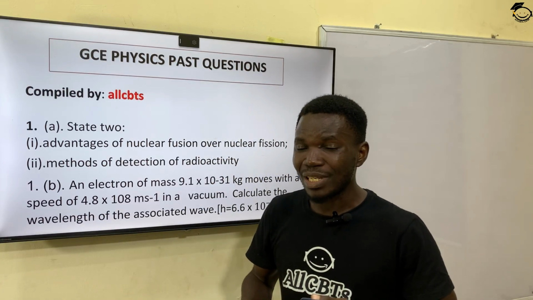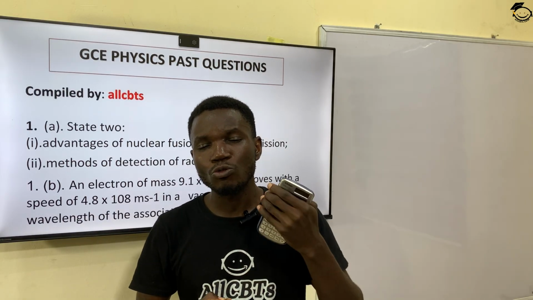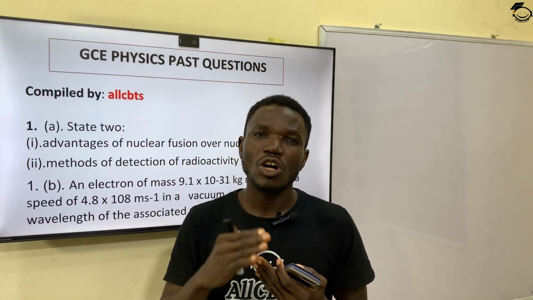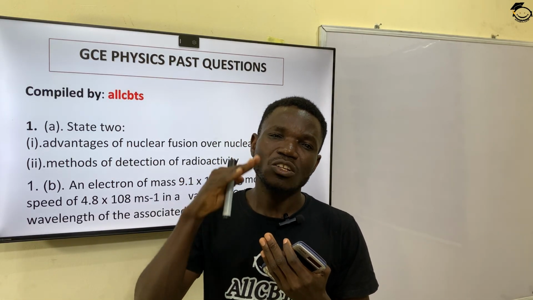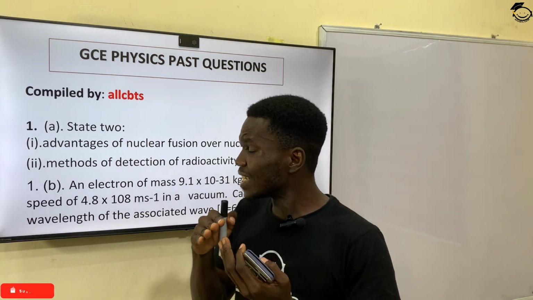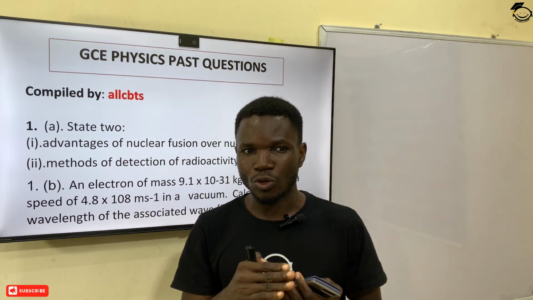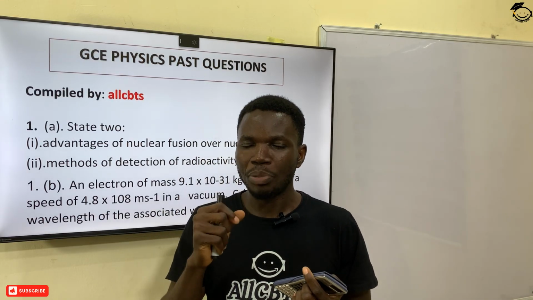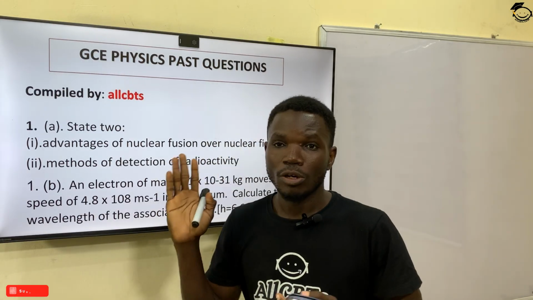What do I mean? It means that the waste from fusion is less radioactive and does not stay as long on the earth, unlike fission. So the radioactive waste does not live long compared to that of fission.